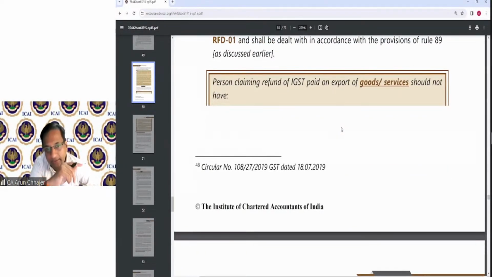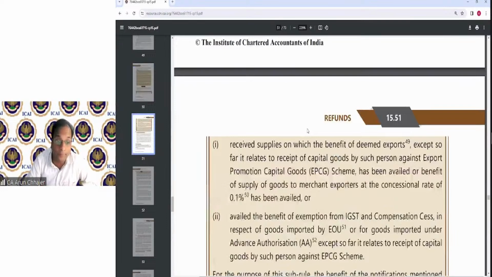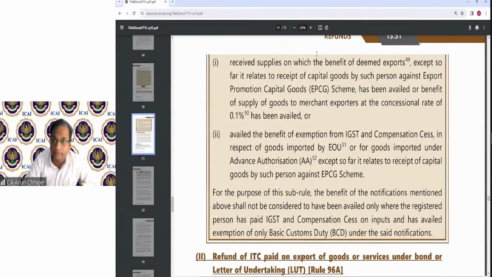The person claiming the refund of IGST paid on export of goods or services should not have received supply on which the benefit of deemed export, except where it relates to capital goods against EPCG, or concessional tax rate 1% has been availed. Avail the benefit of exemption from IGST and compensation cess.